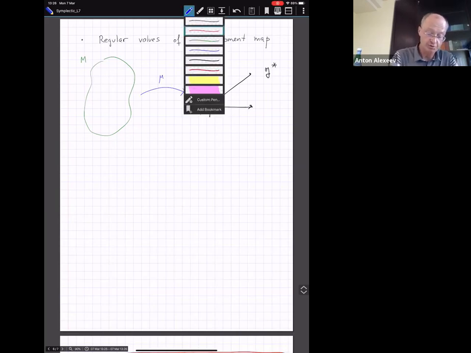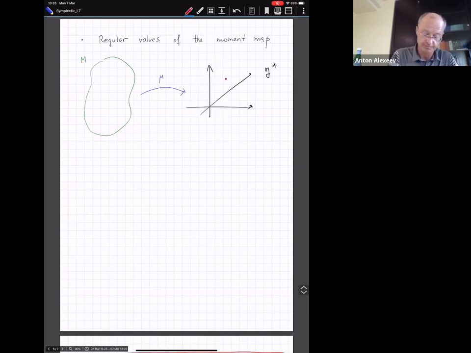So let's choose a point psi in G star, and let's say this is the fiber or pre-image of psi under the moment map, mu minus 1 of psi.